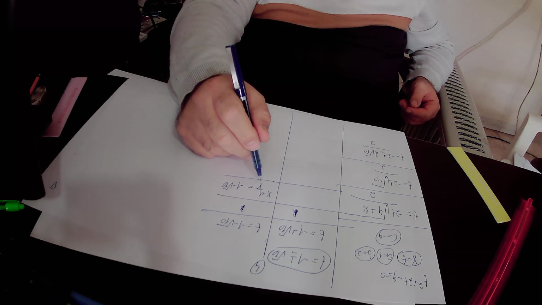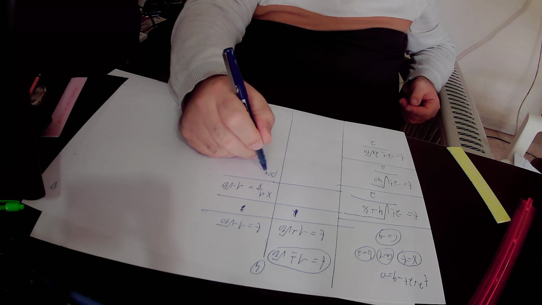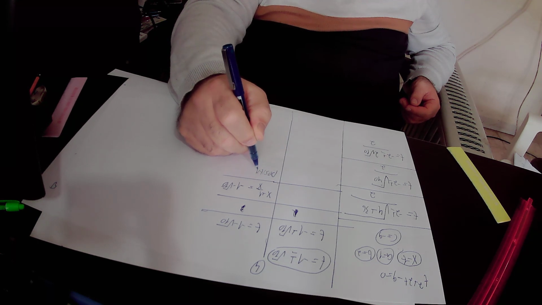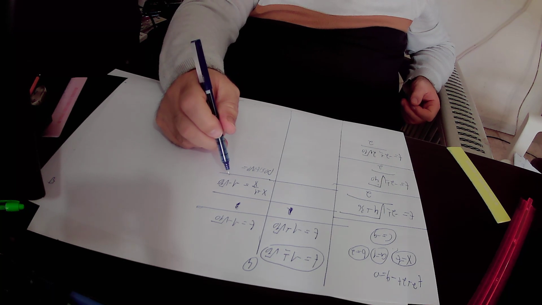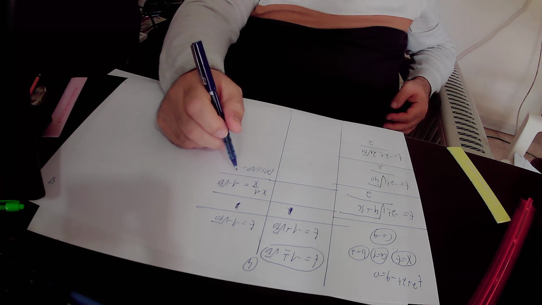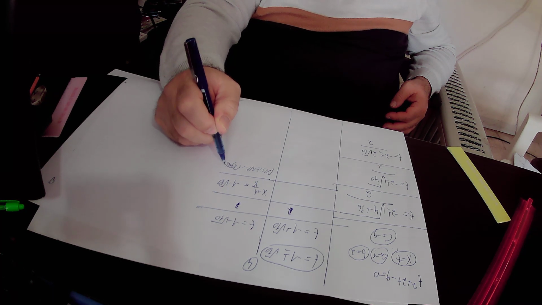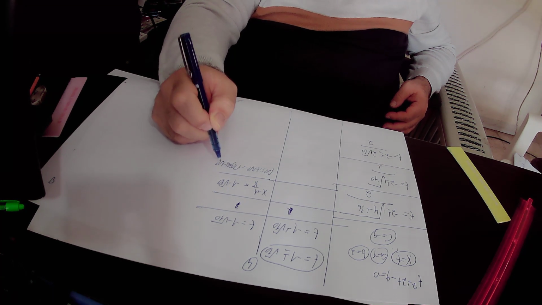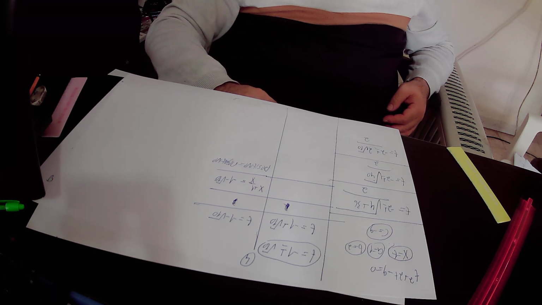So in this side of the equation we have a positive number, while in this side of the equation minus 1 minus square root of 10 is a negative number. And a positive number can never be equal to a negative number, so we have a contradiction.